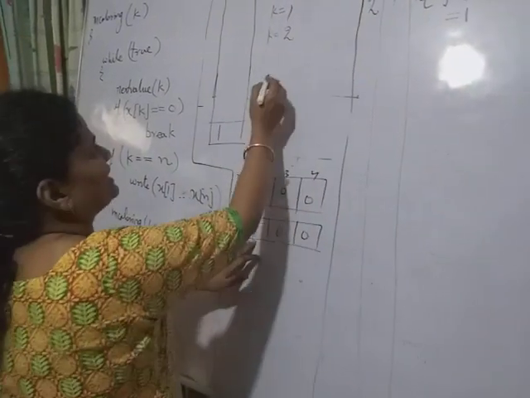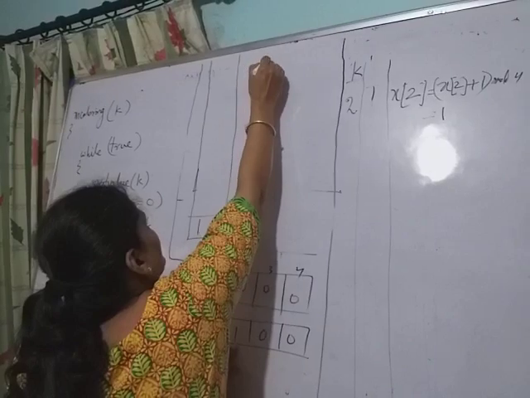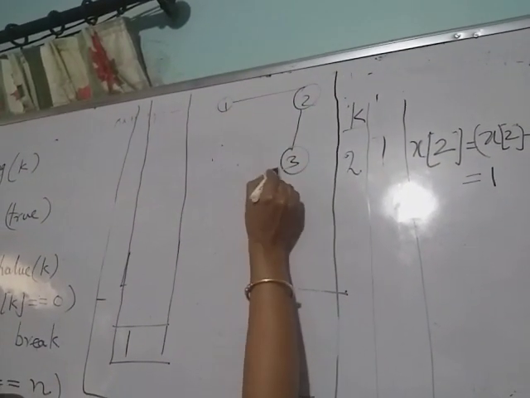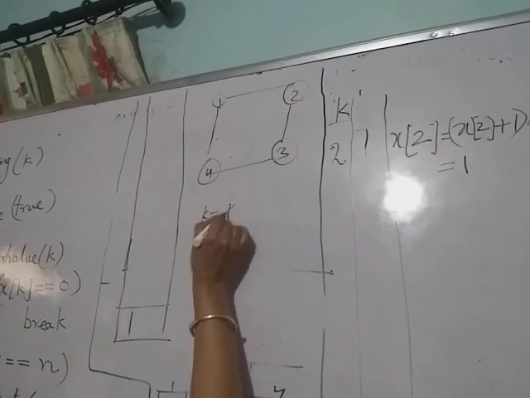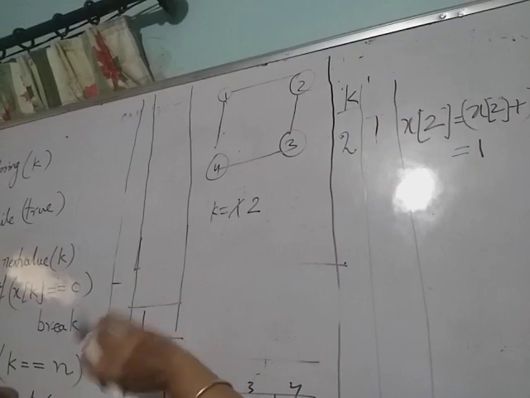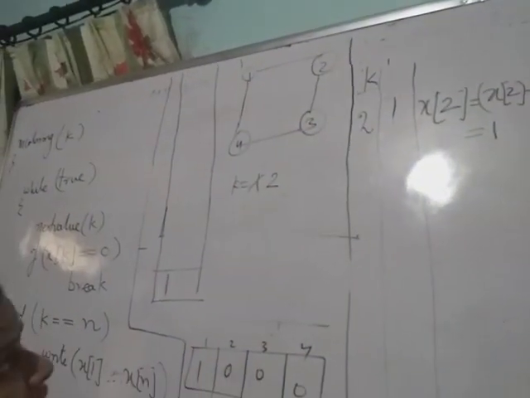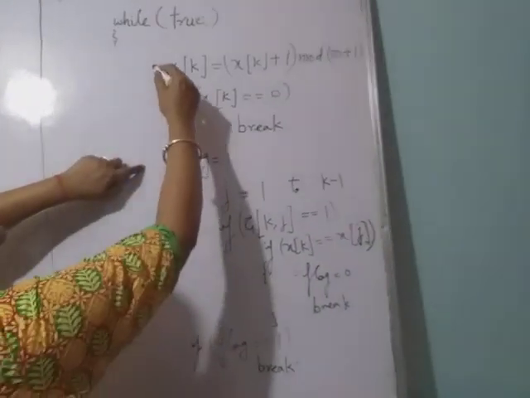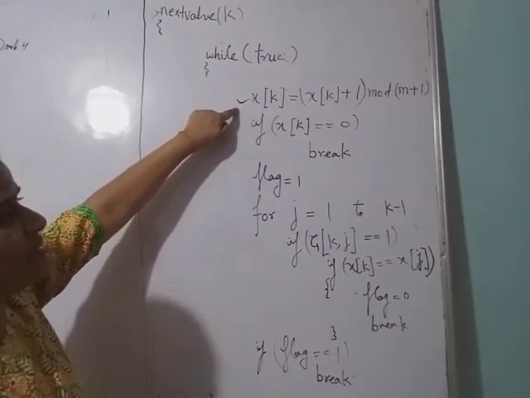Now simply just it will check. This is our graph here: 1, 2, 3 and 4. Okay, and k equal to 1, and now at this time its value is 2. So 1 is colored with this one, and now simply this line will generate the next highest numbered color.